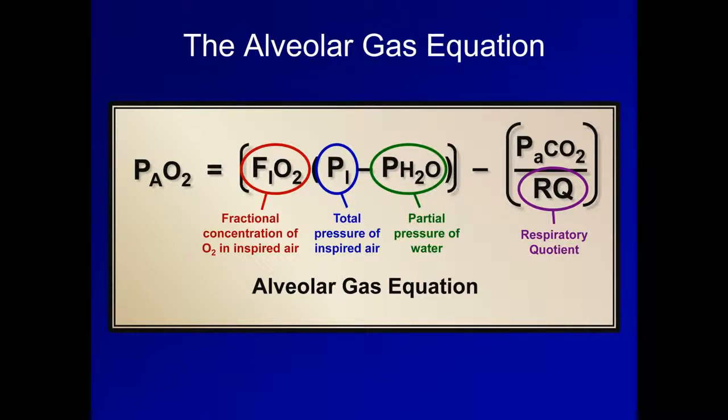This equation is a little unwieldy, but luckily in some circumstances it can be simplified. For example, for a patient breathing room air at sea level, the FiO2 is 21% or 0.21. Pi is 760 millimeters of mercury, and pH2O is 47 millimeters of mercury. These three values simplify to 150.